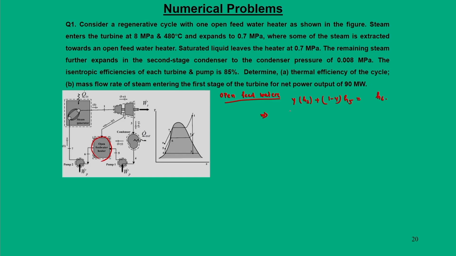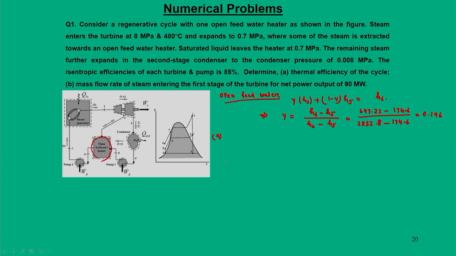From these equations we can find out y, which is (H6 minus H5) divided by (H2 minus H5). By inserting the numbers, (697.22 minus 174.6) divided by (2832.8 minus 174.6), the y value becomes 0.1966. Once you know y, the rest of the problem is very simple.